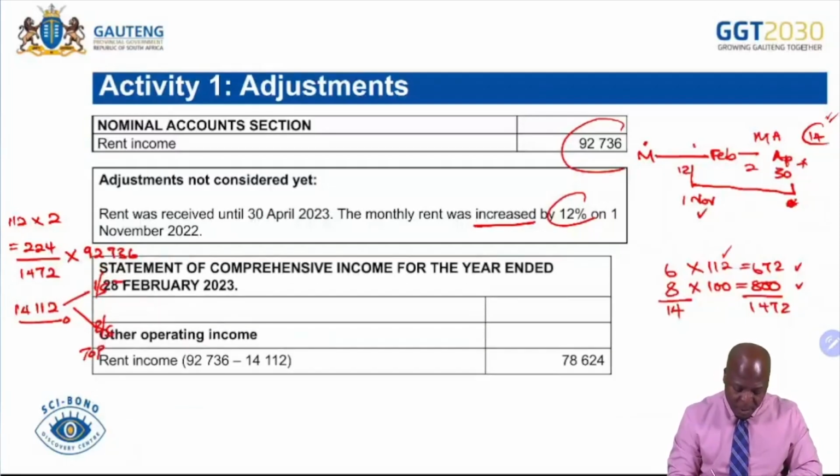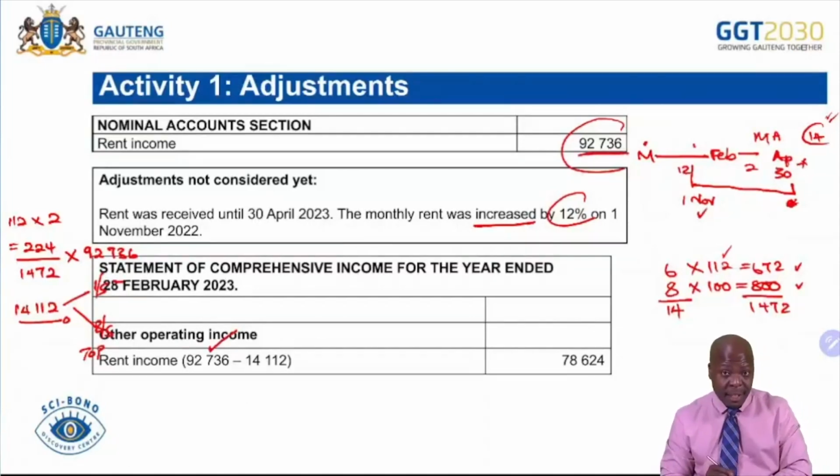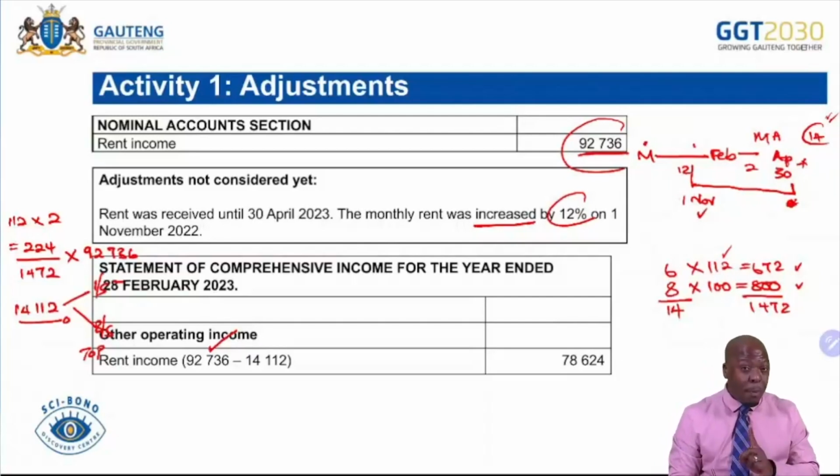So in our income statement, under other operating income, here's my rent. So I'm taking the amount from the nominal account section, the 92,736. And then remember to open brackets, very important. Then you come and you minus the income received in advance. You subtract it because we were not supposed to receive it.